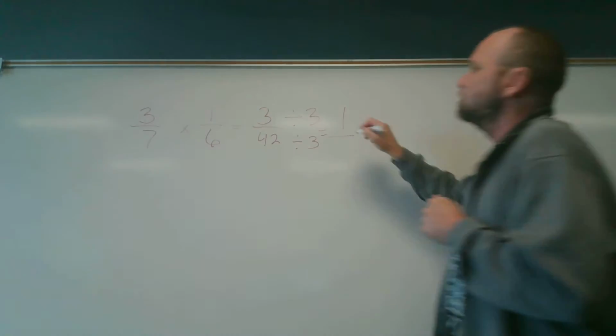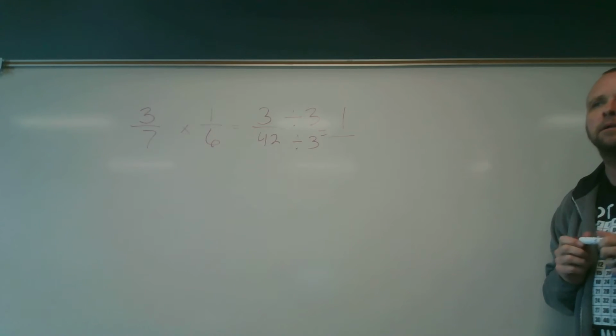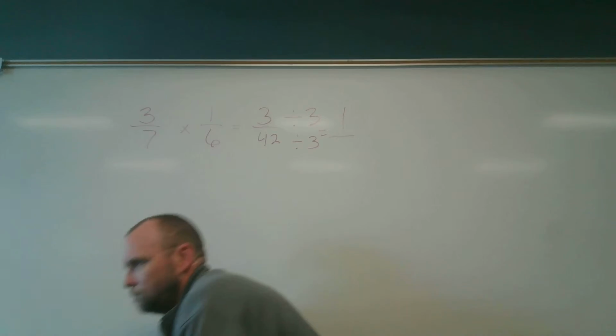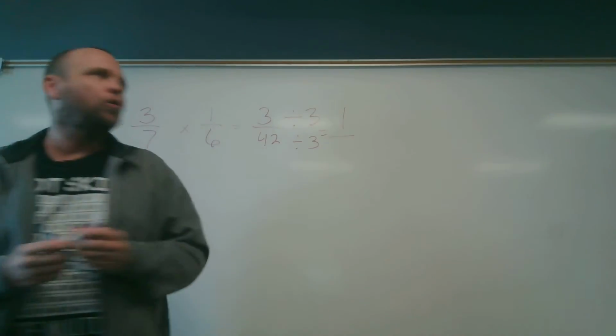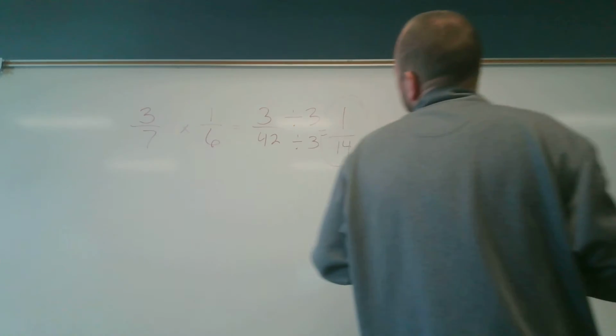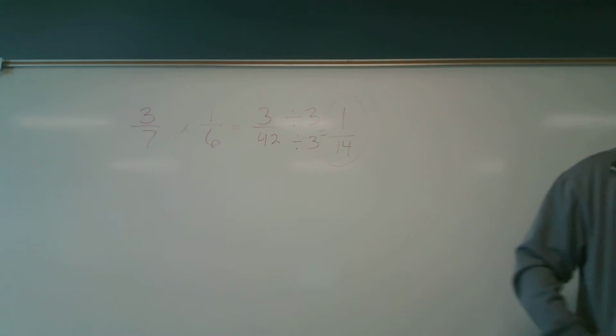What is 42 divided by 3? 14. So 3/7 times 1/6 is 1/14.